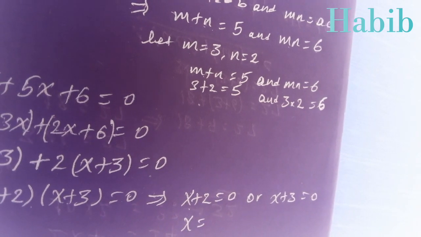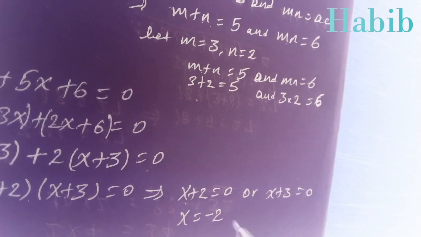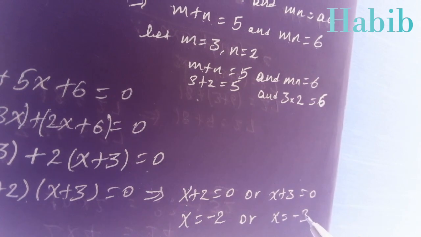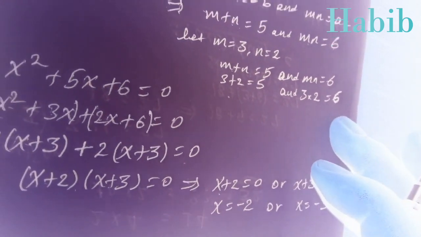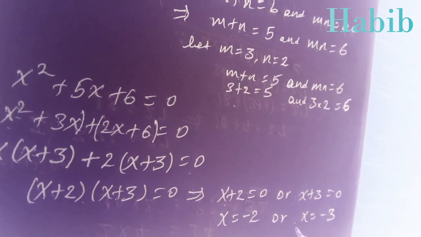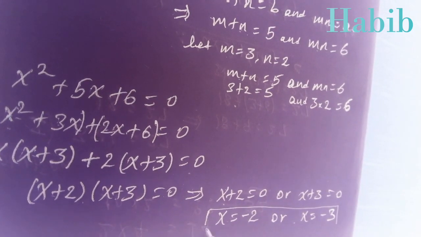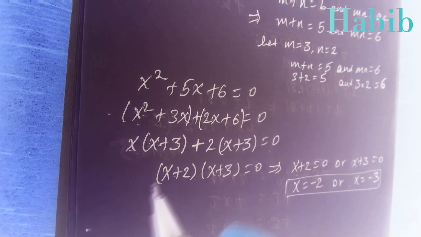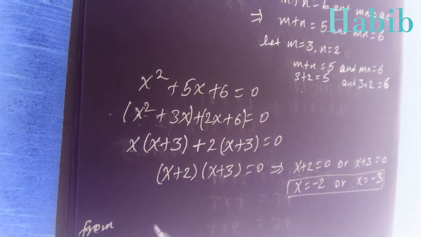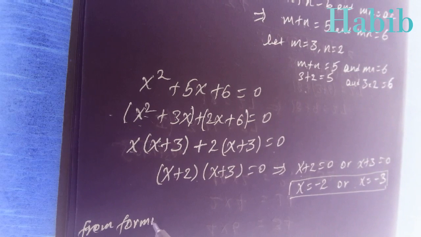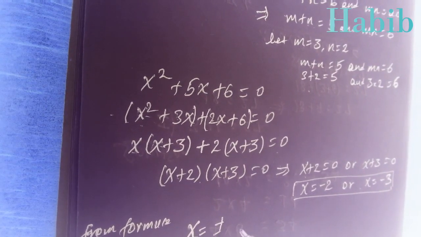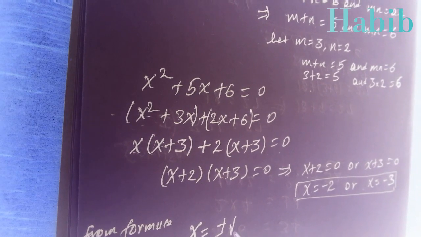Therefore, x plus 2 equals 0 means that x equals minus 2, or x plus 3 equals 0 means that x equals minus 3, by shifting the constant term to the right hand side in both cases. Therefore, x equals minus 2 and x equals minus 3 are our roots, our answers.